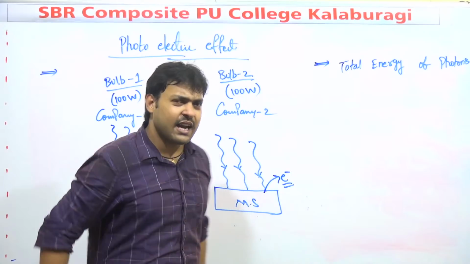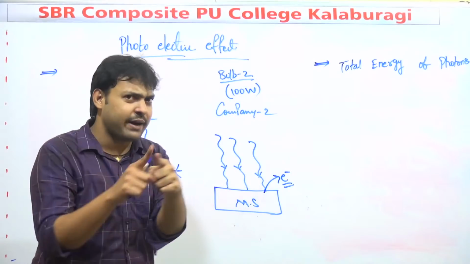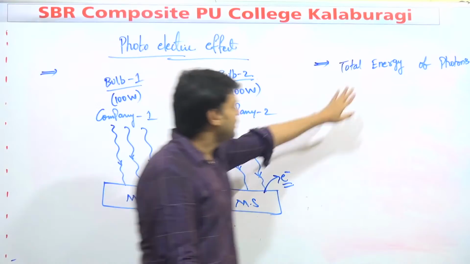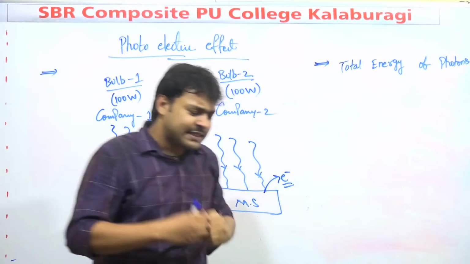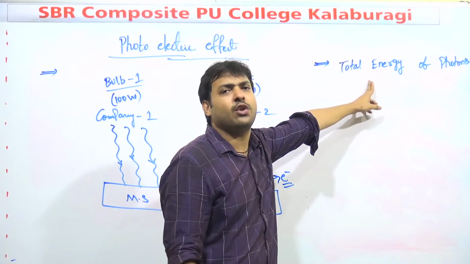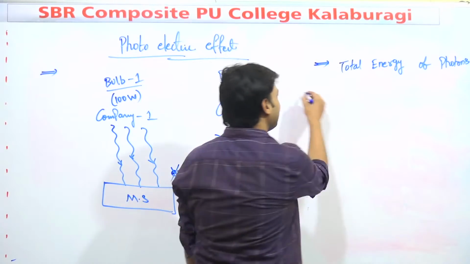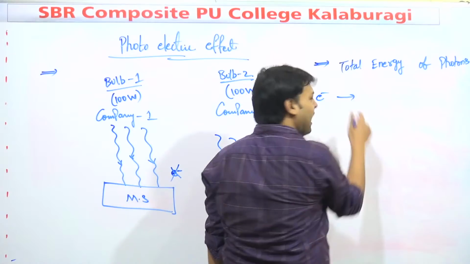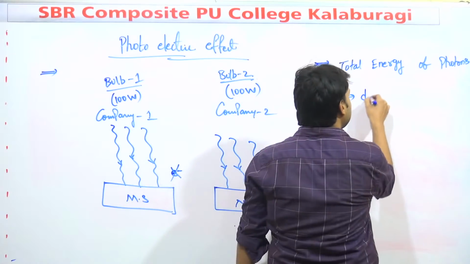Now try to understand two different companies. Mind you, that is important. Okay? So now, the electron coming out from the surface doesn't depend on the total energy. Very important point.